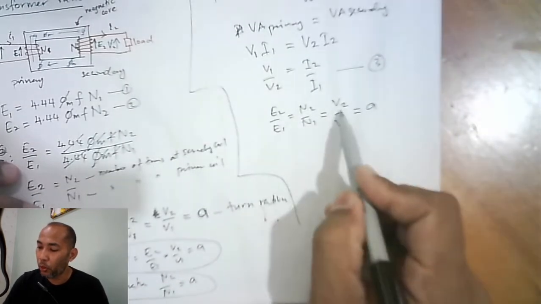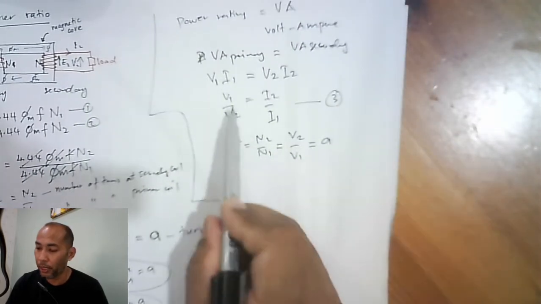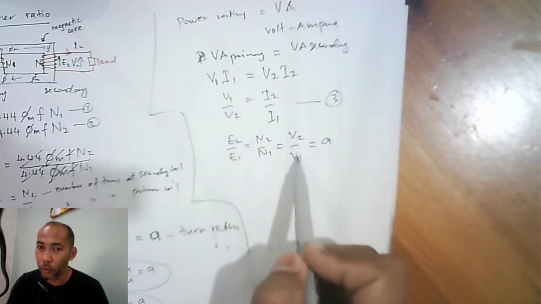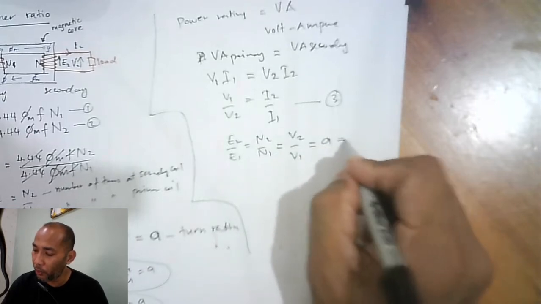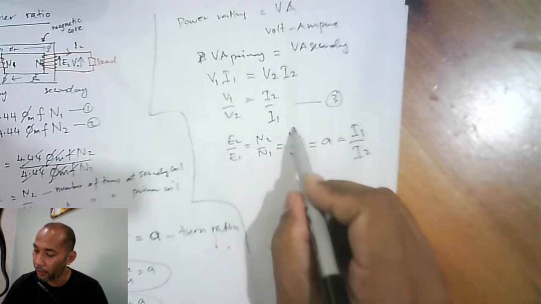From the equation, V1 over V2 equals I2 over I1. So V2 over V1 equals I1 over I2.